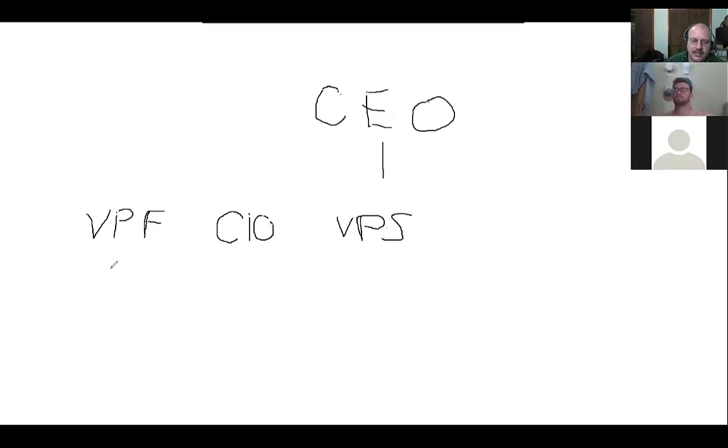And underneath the CIO, you're going to have the IT director and the CTO, and on and on from there, right? So this is how we think of a normal tree structure. We have parent-child relationships.